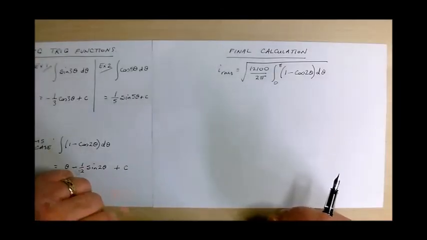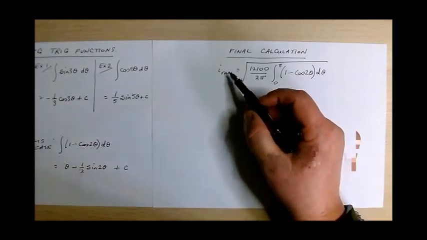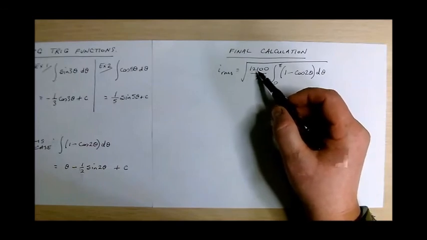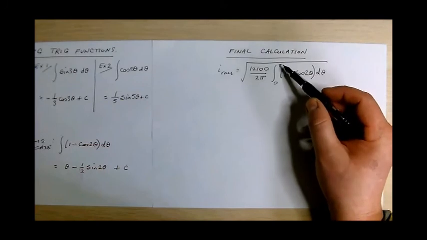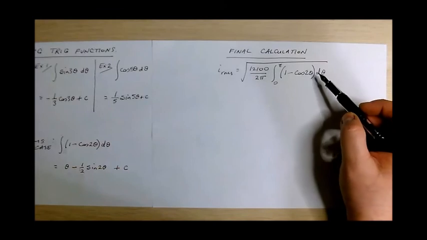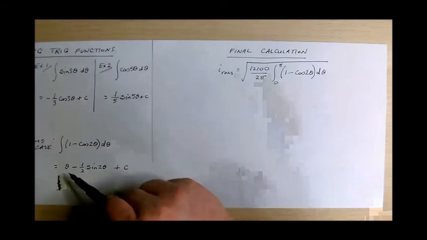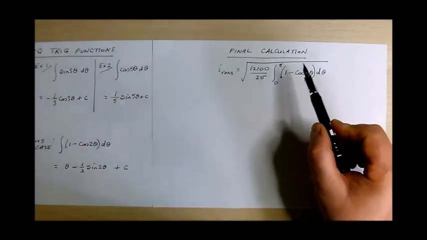Now we're ready to do our final calculation. From a previous page, I put the IRMS as the square root of 12,100 over 2 pi, integrated from 0 to pi of 1 minus cos 2 theta with respect to theta. So we're going to put this part in as the integral of this part.